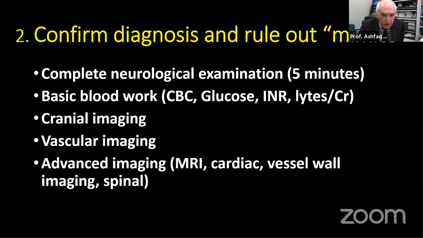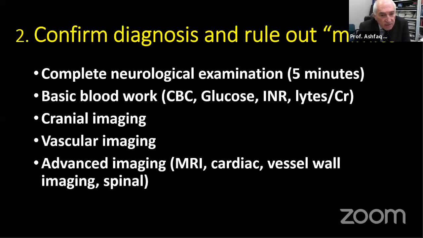Glucose is important. Your INRs are very important. You make sure that the platelets are not low, and make sure that they don't have any electrolyte imbalance that could account for some symptoms that are coming from mimics as opposed to a real stroke. Imaging has been discussed, and I'll come back to that again when we look at the various windows of treatment.